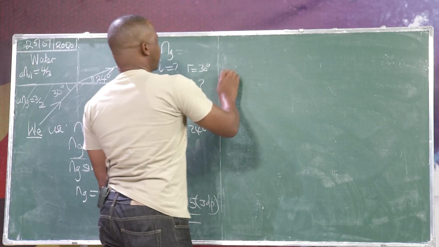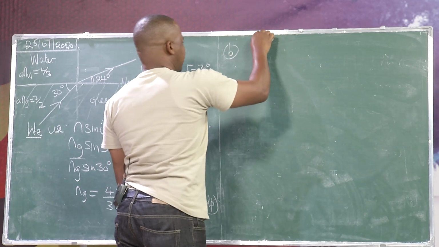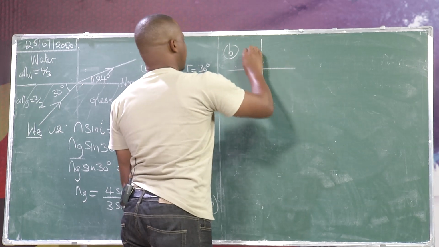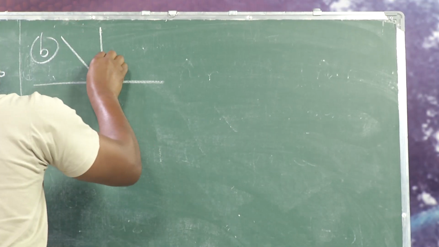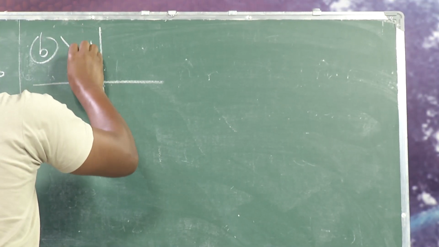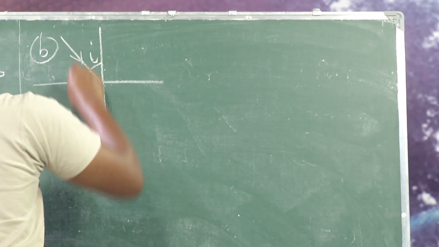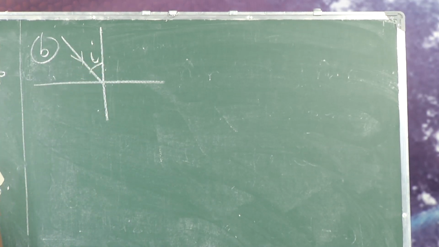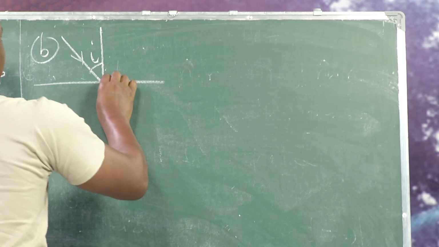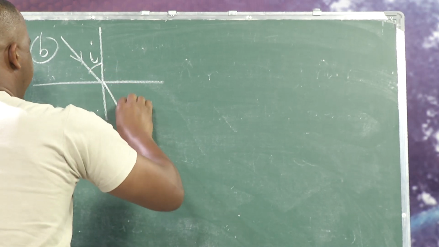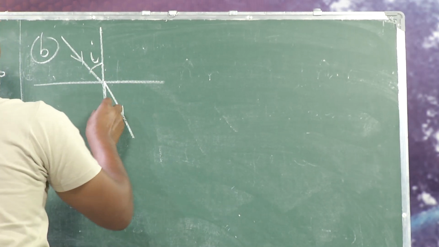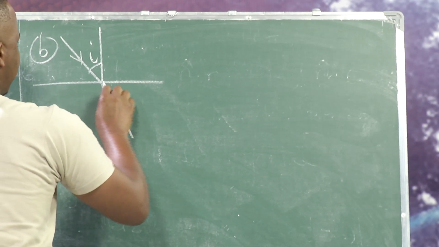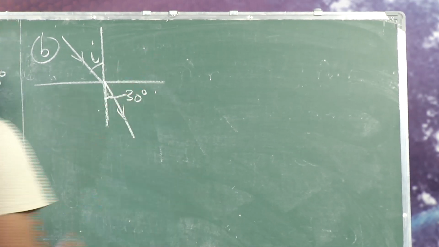The second question was telling us to calculate the angle of incidence if the angle of refraction is 30 degrees. So for this part, if I may sketch, they are telling us determine the value of I if the angle of refraction is 30. So our sketch would be that, where this is 30 degrees.